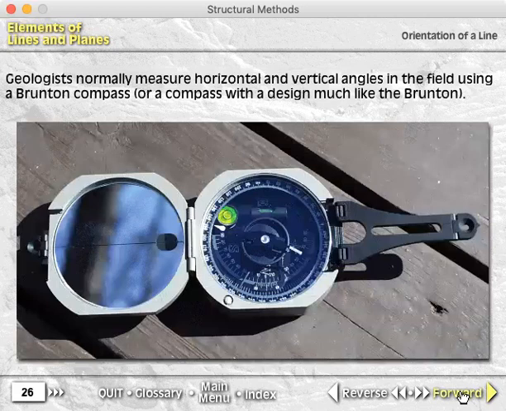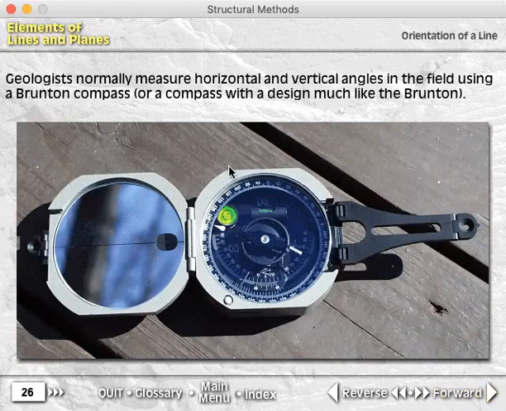Geologists normally measure horizontal and vertical angles in the field using a Brunton compass, or a compass with a design much like the Brunton. So this is our Brunton compass. There's a video that talks about how to make measurements with a Brunton compass that you can watch, and there's some information in the lecture as well.